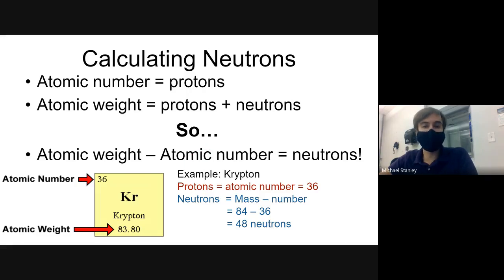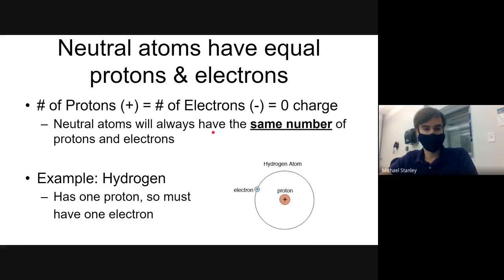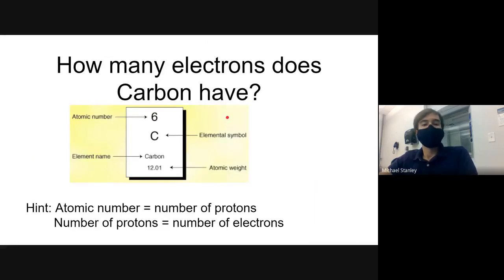All right, let's look at another example here really quick. So here we have a carbon atom. It has an atomic number of 6 and an atomic weight of 12.